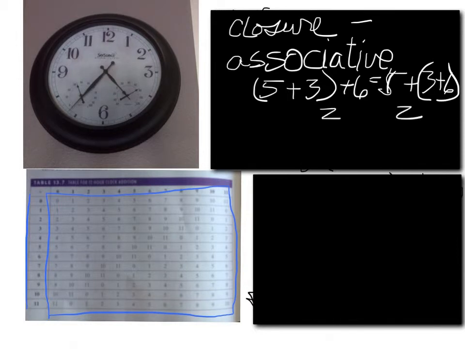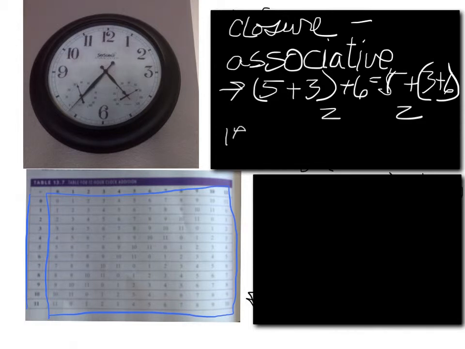You're going to end up at 2. 5 plus 3 hours is 8, plus 6 more hours is 2 o'clock, a.m. or p.m., depending upon where you started. So you can see that it works for one. Question is, will it work for all of them? And the answer is this kind of arithmetic is associative, therefore it will be associative for the clock arithmetic.